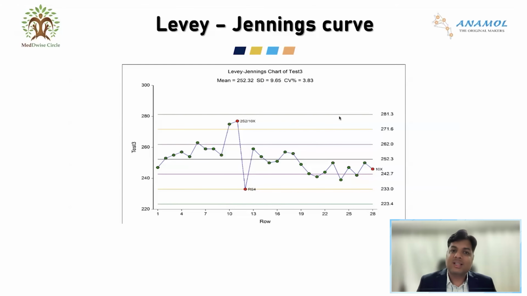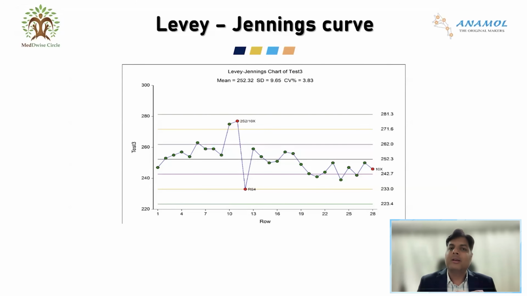So if we plot this graph on a month to month basis, this type of graph is called a Levey-Jennings curve, or in simple language, a Levey-Jennings graph. So the Levey-Jennings graph tells us that if we reconstitute the control and we randomly use the control on that particular day, and the value of that particular analyte is in the range, that means all the patient values are also correct.